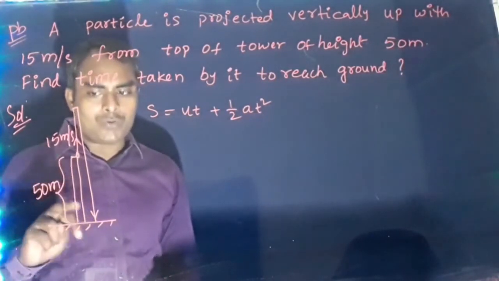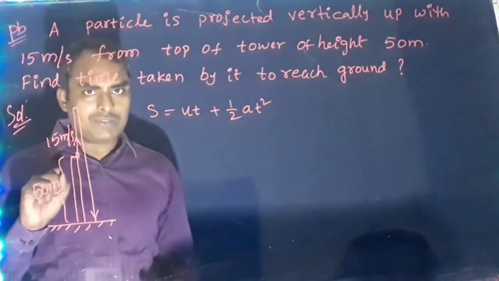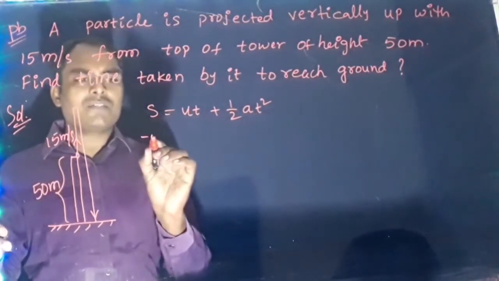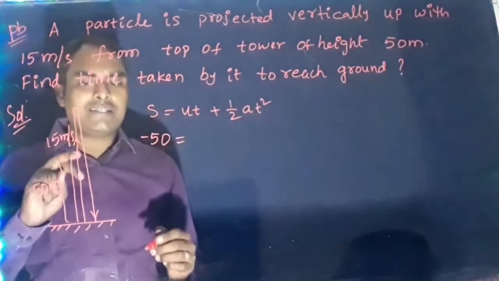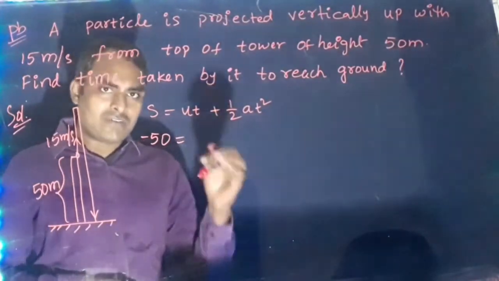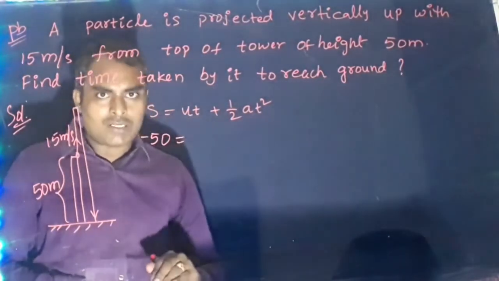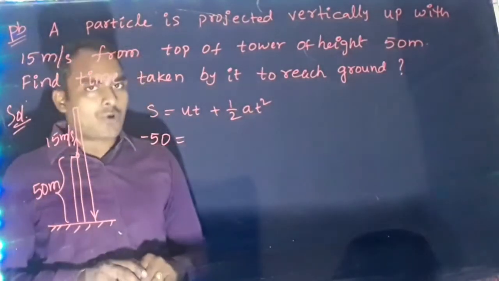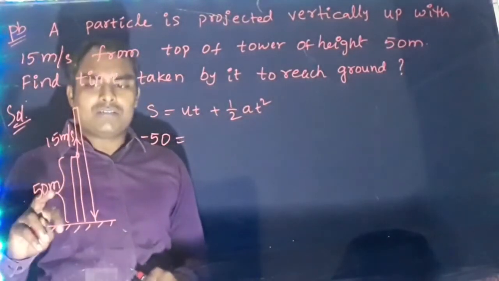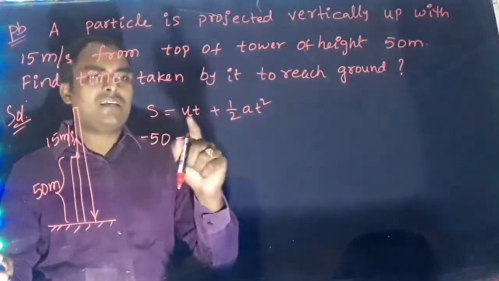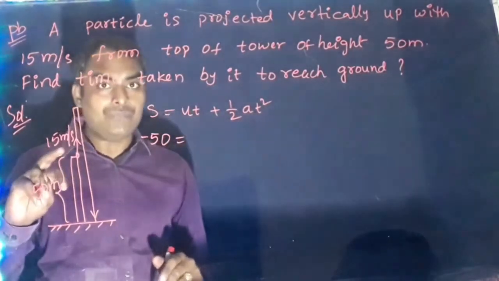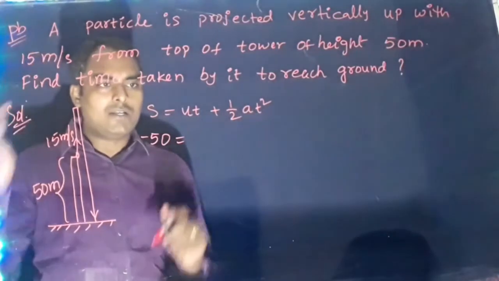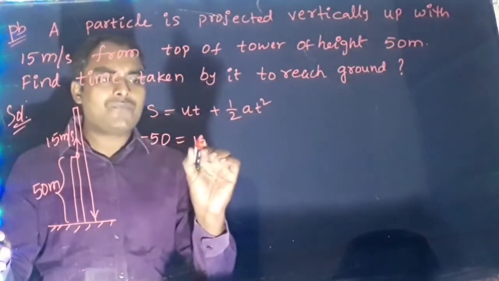So top to ground, that is 50 meter height of the tower. So displacement is minus 50 because it is directed downward. All the vectors which are directed downward are taken as negative, which are directed upward are taken as positive. So here displacement is downward, minus 50, initial velocity 15 meter per second upward. So u will be written plus 15.